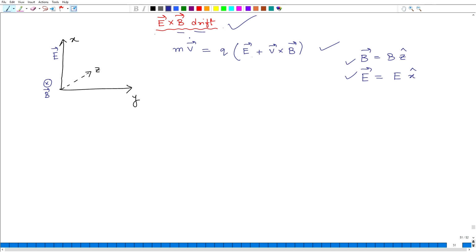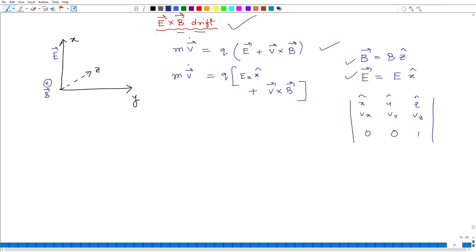Of course, we know that this will be m v dot equal to q E x cap plus v cross B. Now, v cross B I can write as the determinant of x cap, y cap, z cap, v x, v y, v z, 0, 0, B, because B is only along z cap.